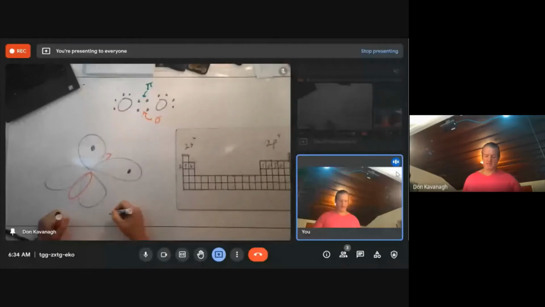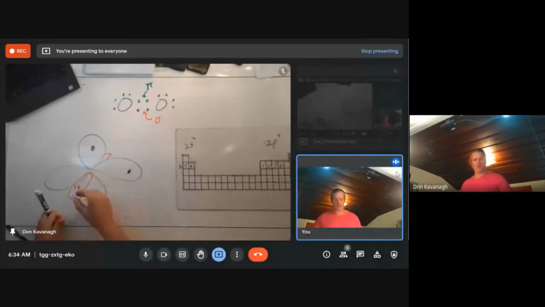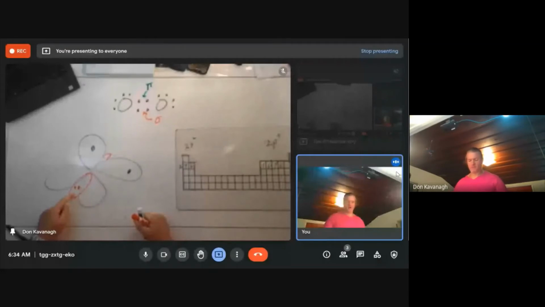And this pz orbital is filled, with the 2 electrons color coded. So we have 4 electrons in our p set. The z orbital is filled. The x orbital has a vacancy, and the y orbital has a vacancy.